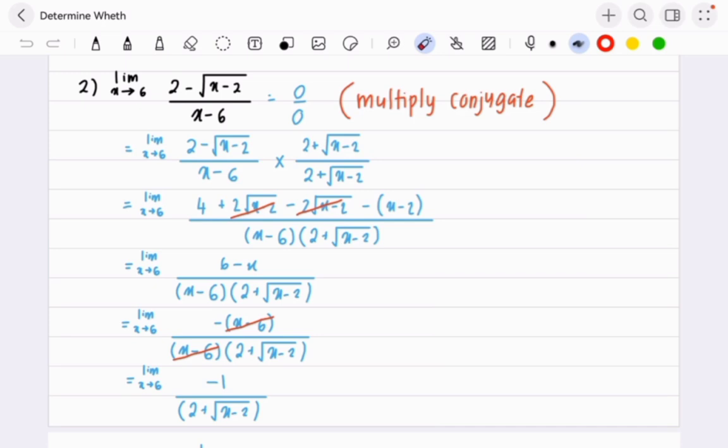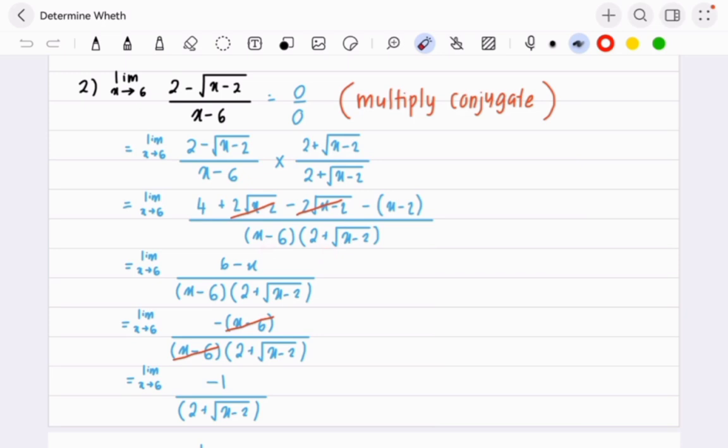So you will multiply it. The answer would be limit x approaching 6 of (4 plus 2 square root of x minus 2 minus 2 square root of x minus 2 minus (x minus 2)) over (x minus 6) times (2 plus square root of x minus 2).